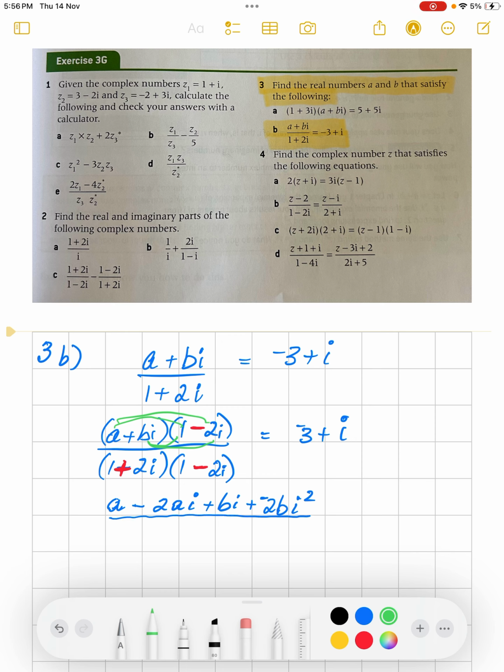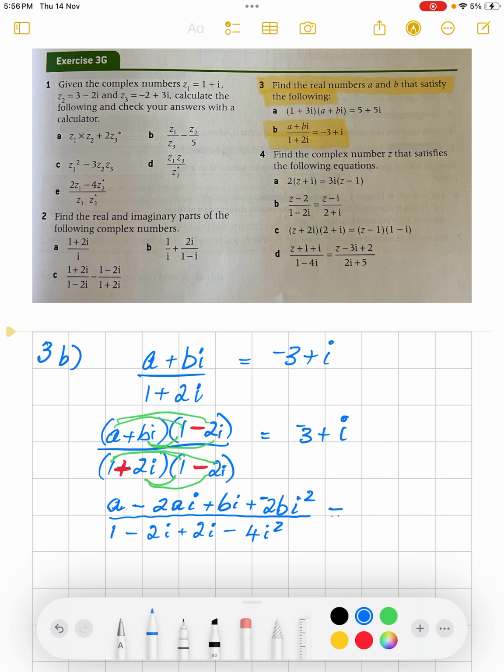Now for the denominator, 1 times 1 is 1. 1 times negative 2i is negative 2i. 2i times 1 is plus 2i. And 2i times negative 2i is minus 4i squared.